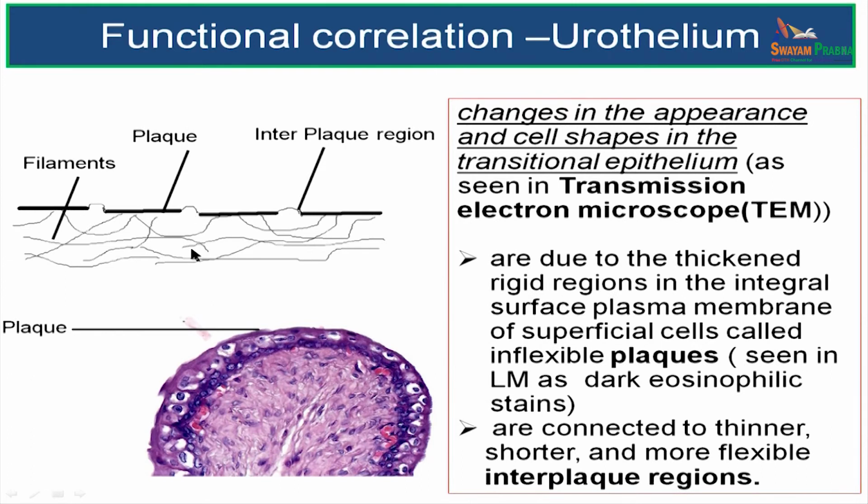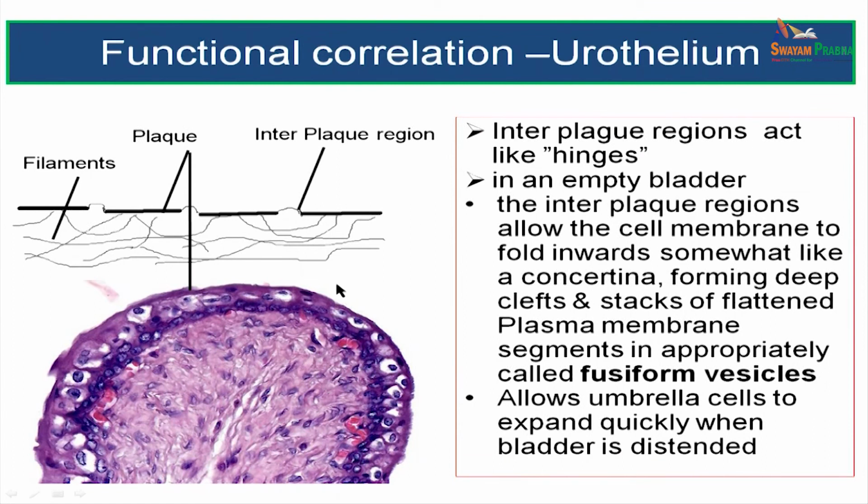So, let us know the significance of plaque and interplaque regions as studied with a transmission electron microscope. These interplaque regions act as hinges. In an empty bladder, the interplaque region allows the cell membrane to fold inwards like a concertina.